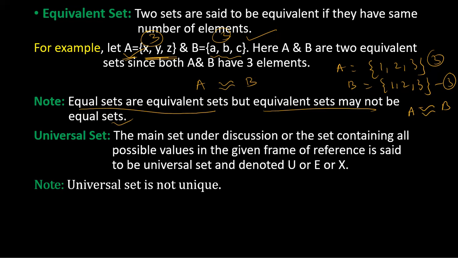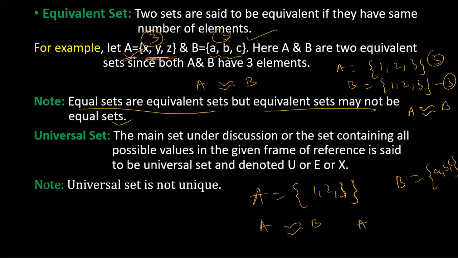Here let's say A is 1, 2, 3 and B is a, b, c. Obviously these two sets have an equal number of elements, but we cannot say A equals B because the elements of the sets are not the same.